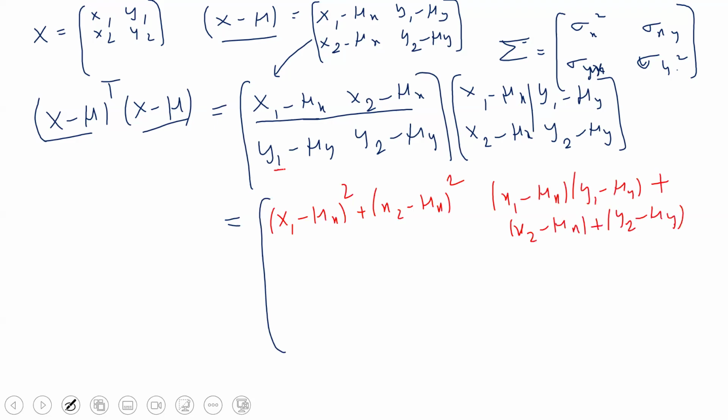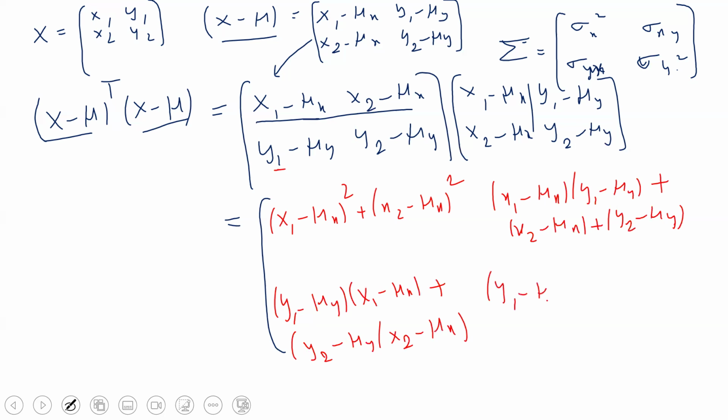And if you multiply this with this, what is it coming down to? (yi minus mu y) into (xi minus mu x) plus (y2 minus mu y) into (x2 minus mu x), right? And the last one is (yi minus mu y) whole square plus (y2 minus mu y) whole square.